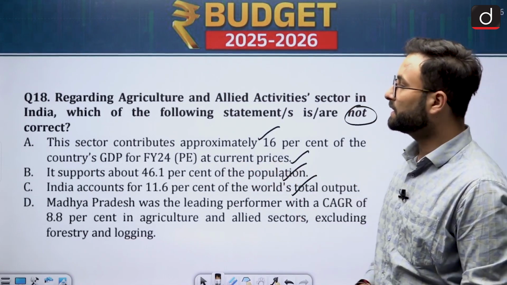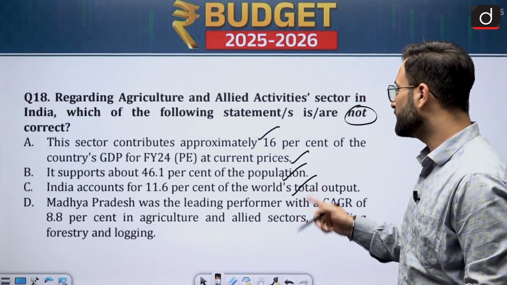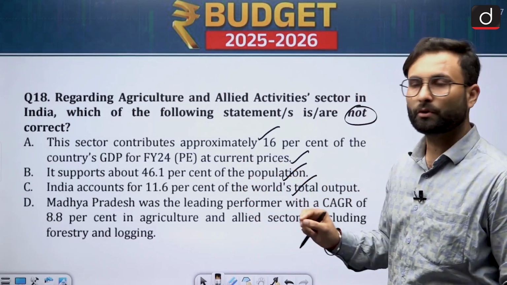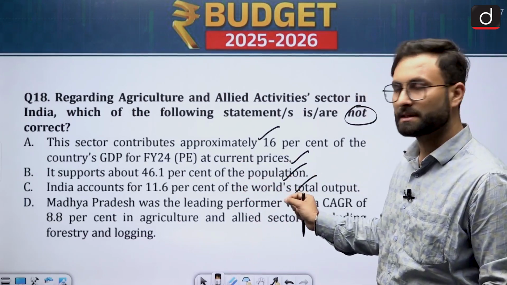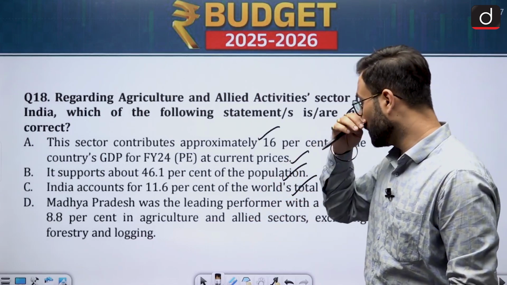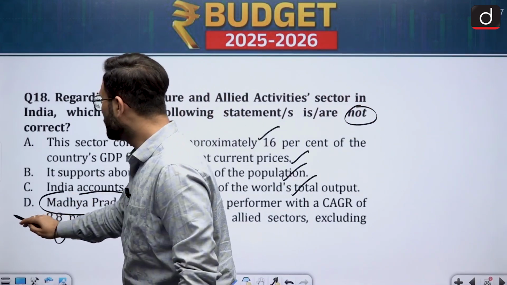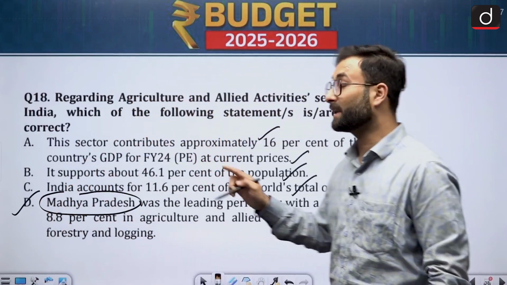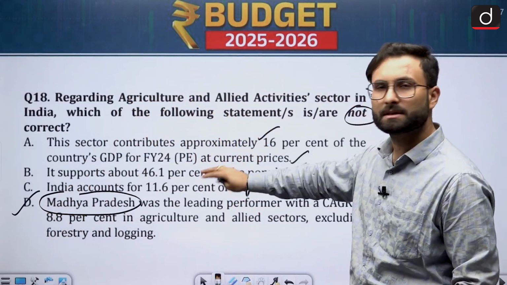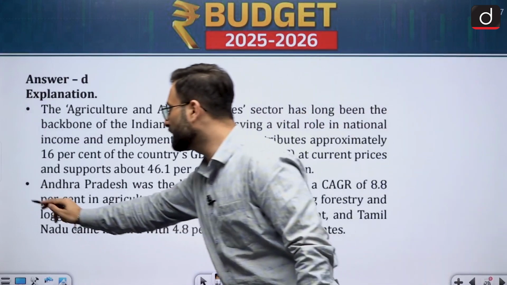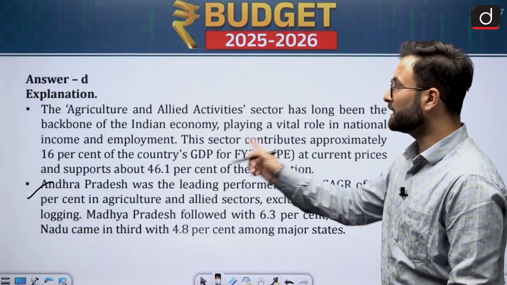When we talk about statement D, Madhya Pradesh was the leading performer in CAGR of 8.8%. Now, when we talk about the agriculture and allied sector CAGR, that is not correct about Madhya Pradesh. That is why option D would be the right answer, because they are asking about the not correct one. If you look at these statements, these are factual statements which you have to go through. Here Andhra Pradesh is the leading performer, not Madhya Pradesh.